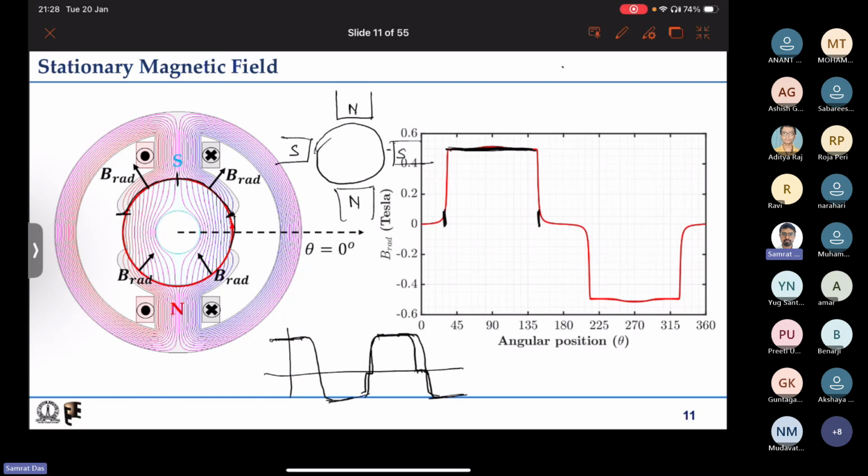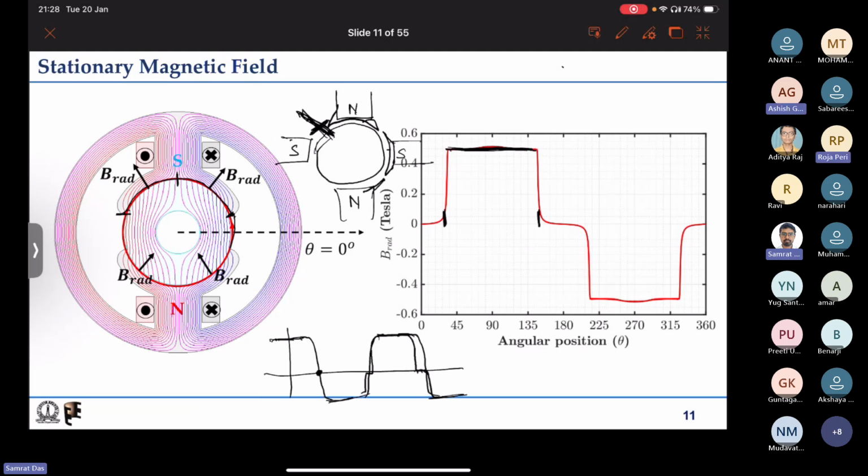If our design is like this, you can see that in between there is almost no iron available for the flux lines to go, so you would have almost zero flux density in this region. Under the pole you will have positive. But if we increase the pole shoe in this way, so that the poles are almost touching each other with almost no gap, then this zero stay would be negligible.